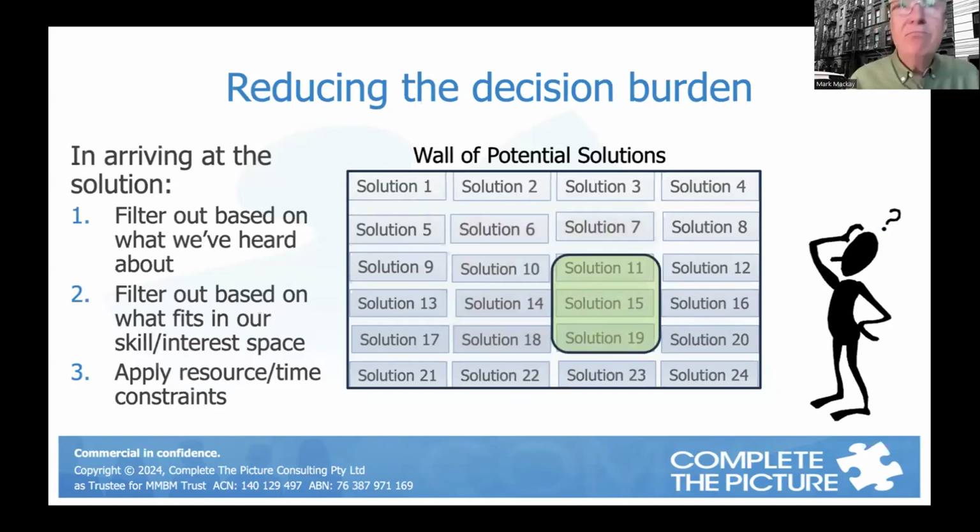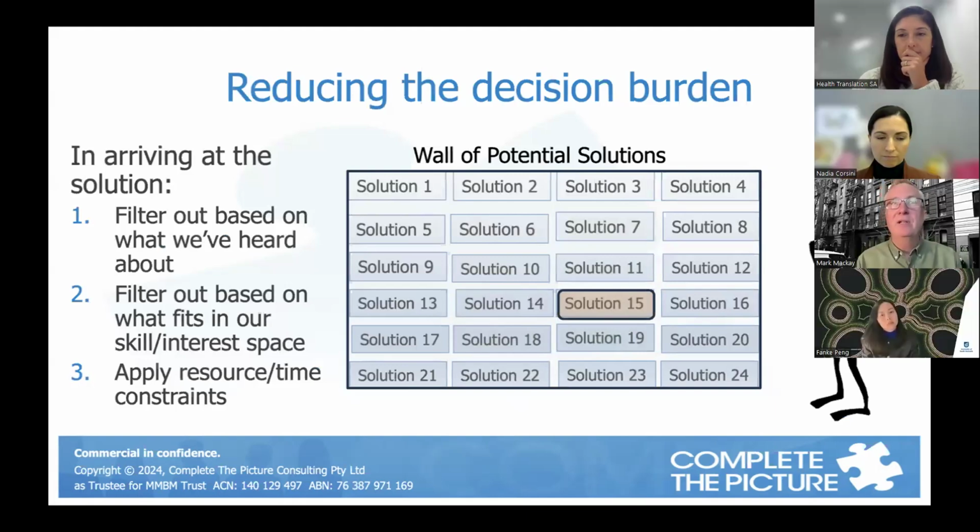And I might have a number of options, but then I'm also faced with resource constraints. Those resource constraints might be time, they might be money, they might actually be objects that we have to put in place to create the solution. And we come up with one solution that we put to management. Sometimes it might be two.